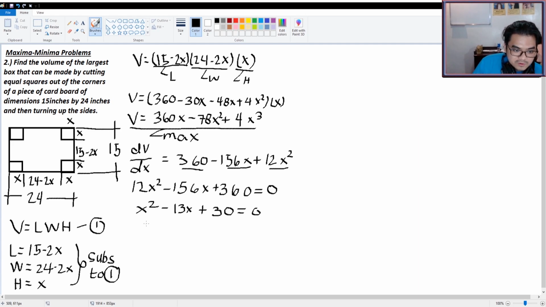So find x using, again, the quadratic formula, or you can just use your calculator if you are allowed to use it.